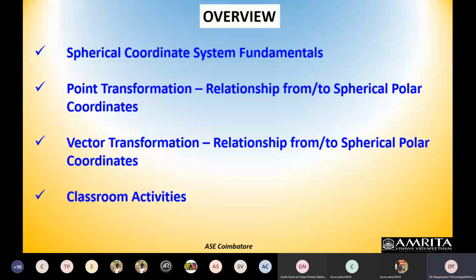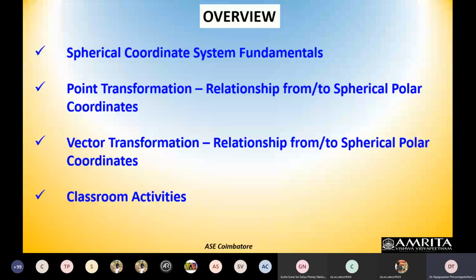Having said the purpose of the spherical polar coordinate system, we will first talk about what those three coordinates are. When we talk about a physical function such as electric field or magnetic field, we have to use vectorial concepts, so we need to bring in the respective vectors of the respective coordinate system into play.